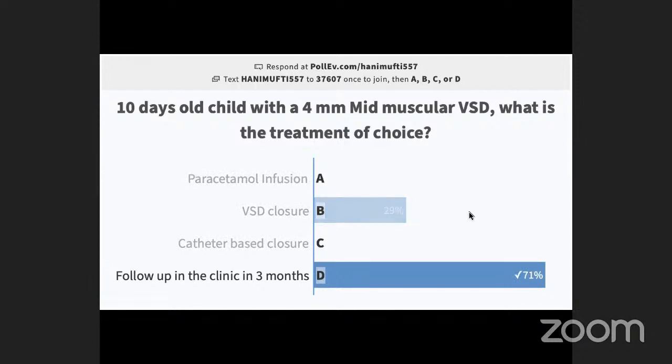It's muscular, and asymptomatic, nothing mentioned about symptoms or heart failure. So the patient can have therapy and hopefully it will close by itself, because it's muscular and 4 millimeter. Remember I said less than 5 millimeter will most likely close. Less likely compared to an ASD, but still anything less than 5 millimeter will hopefully close within a year.